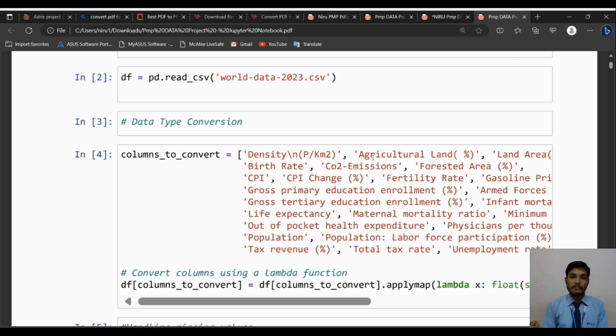We see in this project different types of global information like agriculture land, birth rate, CO2 emissions, forest area, gross primary education enrollment, armed forces, gross tertiary education enrollment, infant mortality, life expectancy. These are the various types of global information.